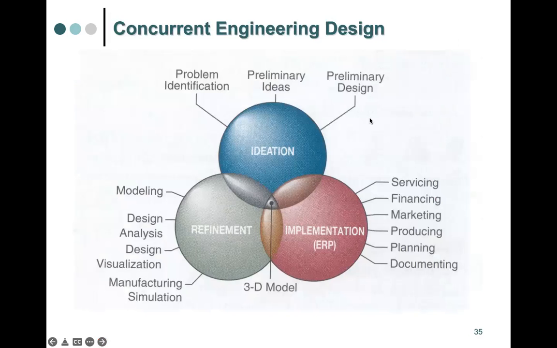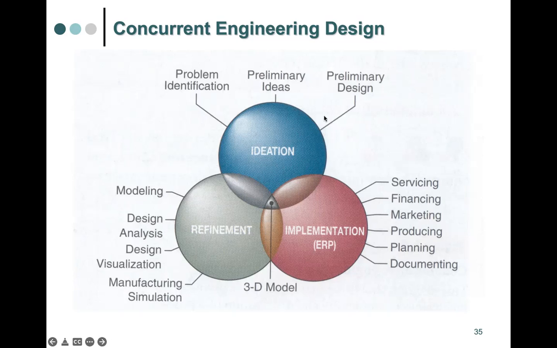So it starts from the ideation. You identify the problems first. For example, I want to make a good toy which should be long term, not easy to break. So I have to choose the type of material, polyethylene or something, that is very good.